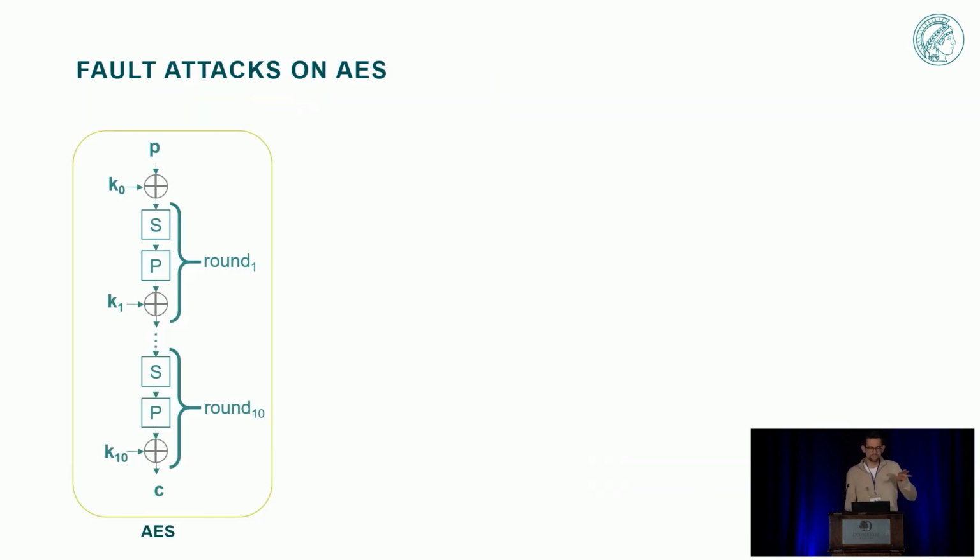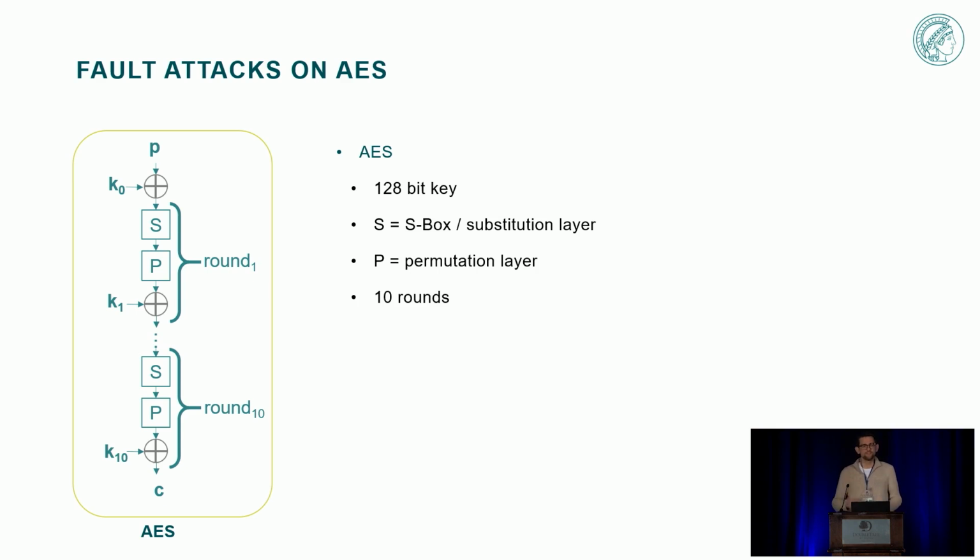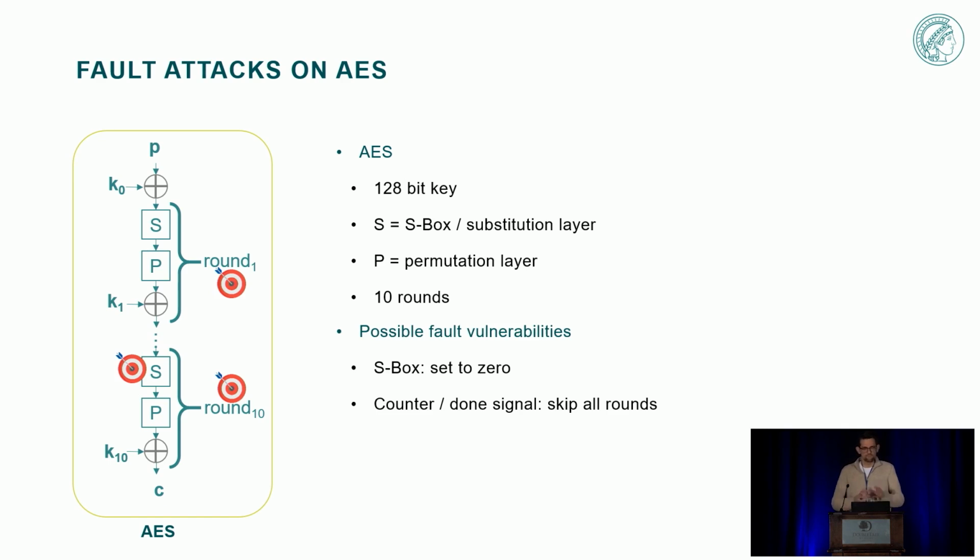So what can go wrong on these AES designs? Here we have our AES cipher. At the top you see the plaintext, with the ciphertext coming out at the bottom, and it's calculated in these 10 rounds of permutation and substitution layers. Playing around with that, a lot of things can go wrong.